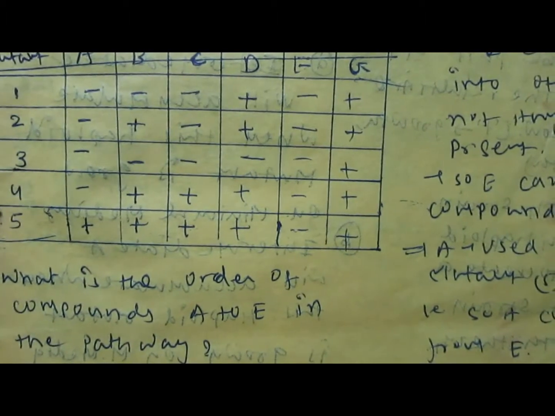Now from A to D we can see that compound A is taken by only the fifth mutant.